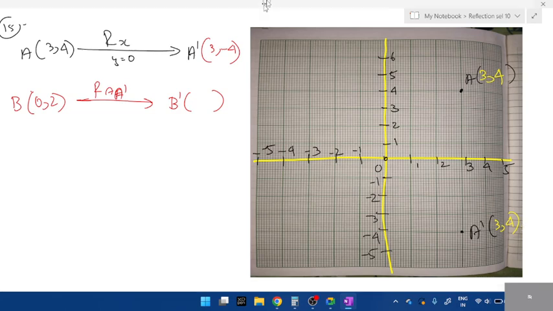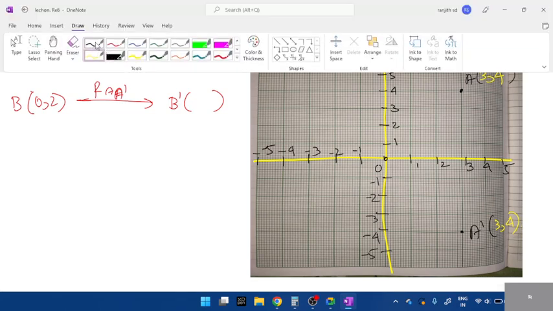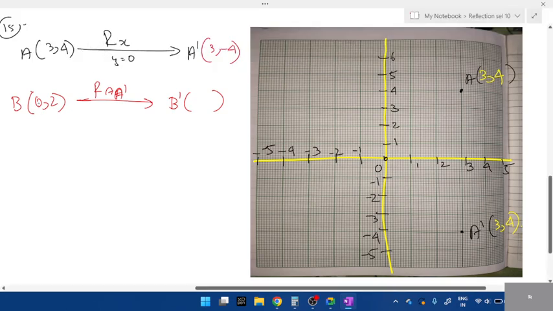Okay. Next, B dash. In order to plot B, first let us take the B value 0, 2. 0, 2 is on which axis? Y axis, right? 0, 2 is here.